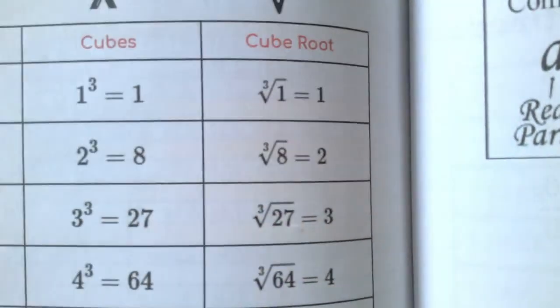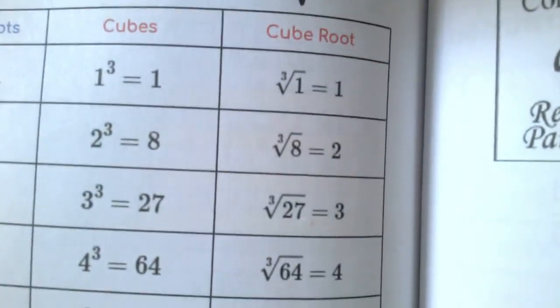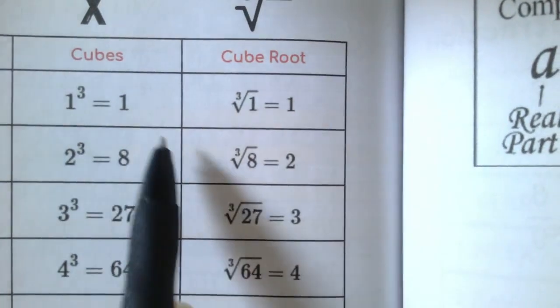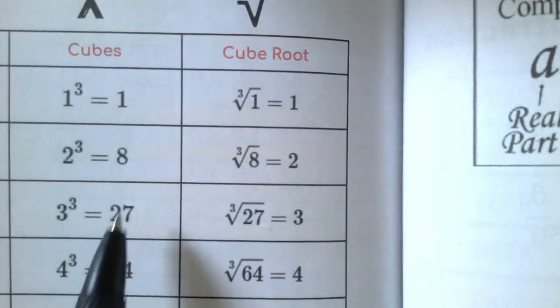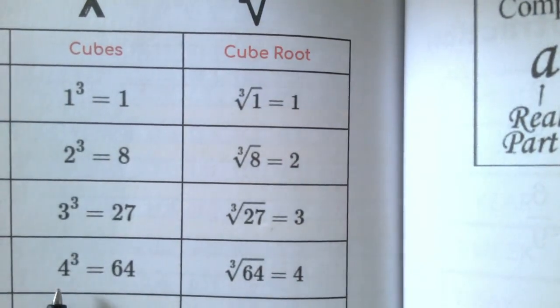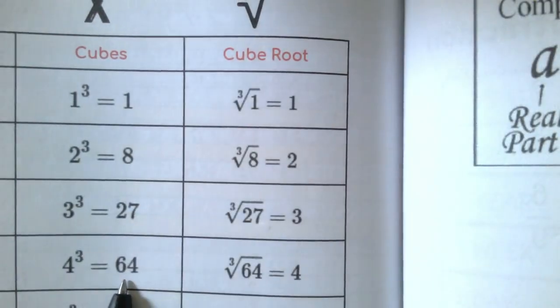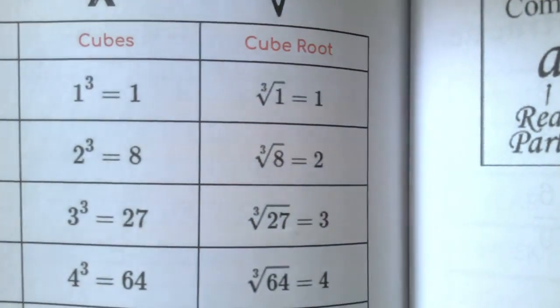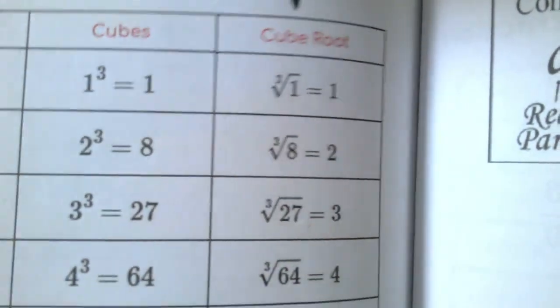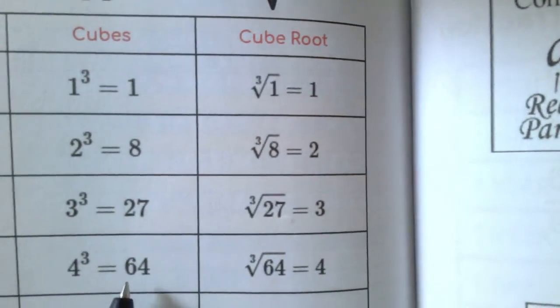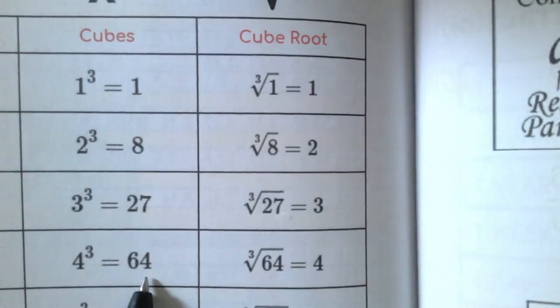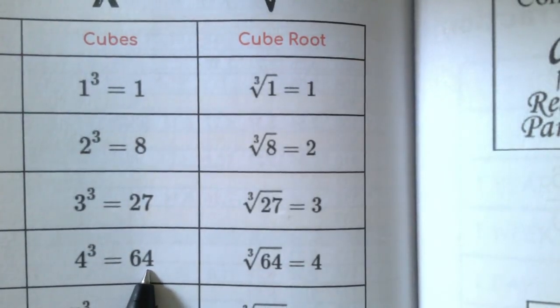So if we don't have our cubes down, let's take a look at our listing here. Oops, moving stuff around. All right, so if we got our cubes and our cube roots, 1 to the third power is 1, 2 to the third power is 8, 3 to the third power is 27, 4 to the third power is 64. Now, if we're looking at an answer of 54, well, obviously we are not going to go anywhere near 4 to the third power, because 64 is bigger than 54.